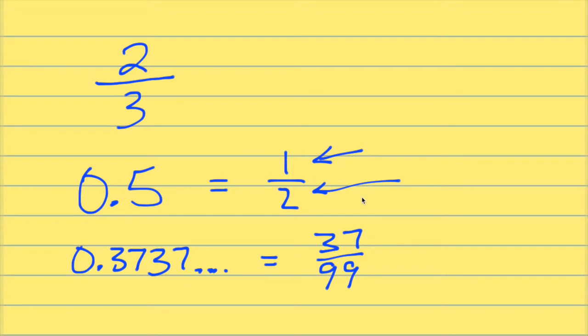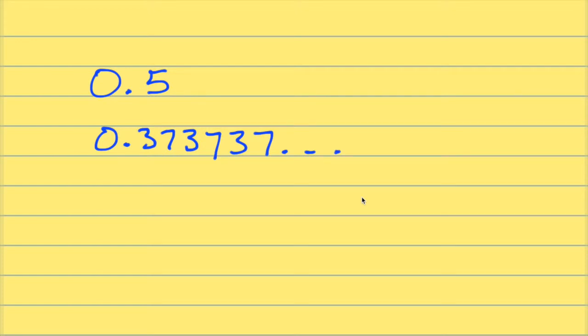So when we're looking at decimals, we can tell if they're rationals if they terminate or end, such as 0.5, or they repeat the same pattern over and over and over again. Those are both rational numbers.